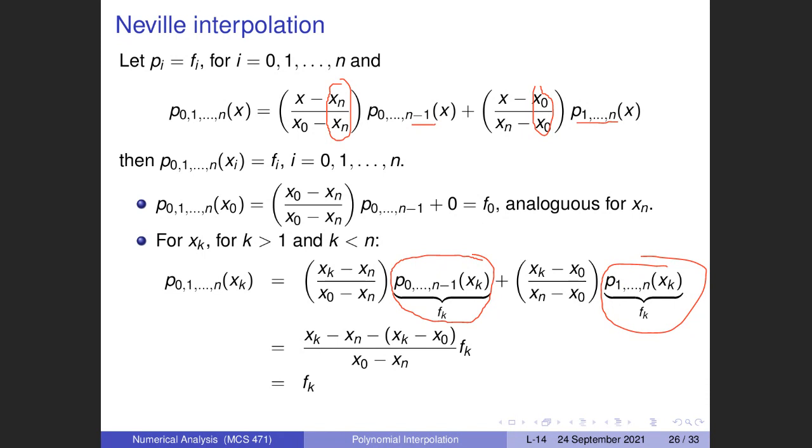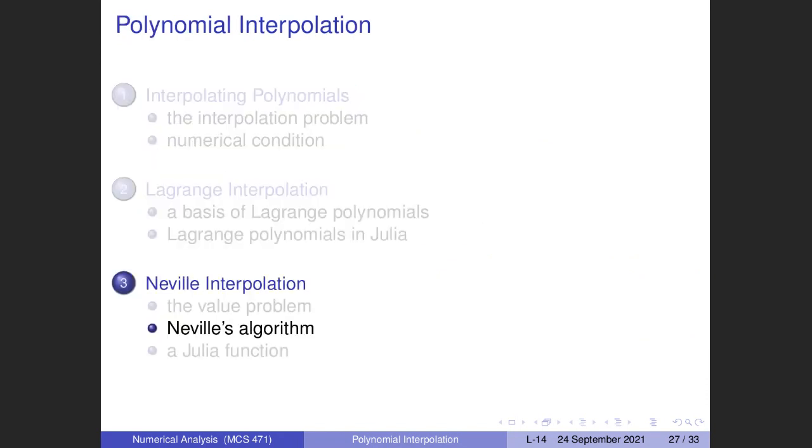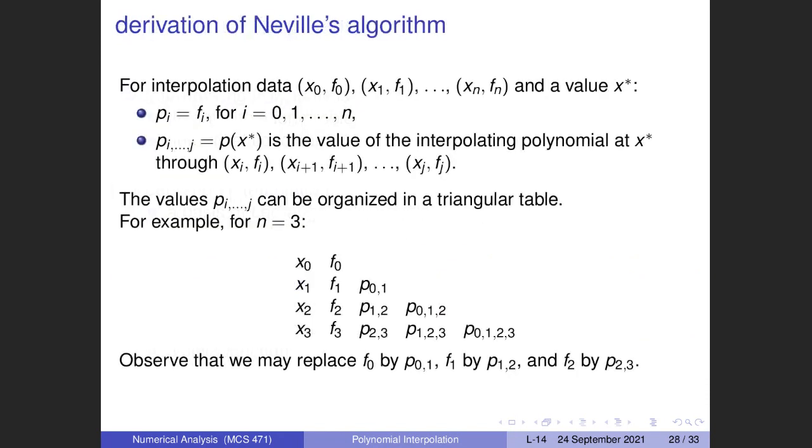All right, what is this now useful? Well, this gives rise to an algorithm where the quantities in the theorem are put into a table. So we compute P0 1 via interpolating x0 x1. Then we compute P1 2 and then P2 3.